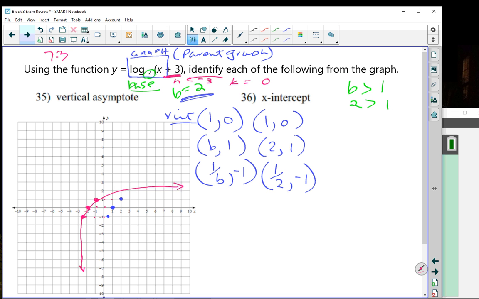Okay, now, how do I find the vertical asymptote? Well, it's basically what? Isn't it basically my h? Isn't it? Okay, so my vertical asymptote is going to be x equals -3. Did my x-intercept move?